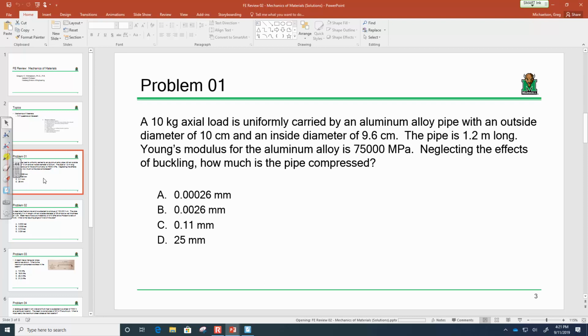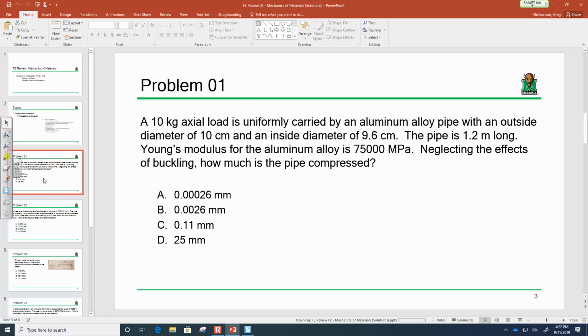That really only makes sense the way that we use it if you use psi. Remember, you put in psi and you get out psi. There are metric equivalents, don't get me wrong, but it tends to follow unit conversions a little better in U.S. units, and so a lot of the structural stuff will be. That being said, fluids might be in purely SI, and this is a section that might be in purely SI as well. So this review is actually in SI.